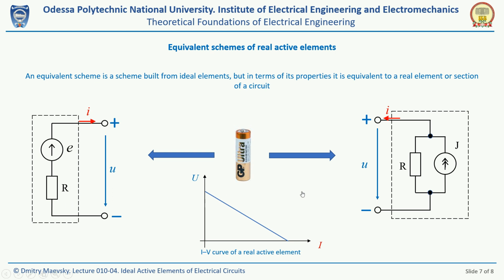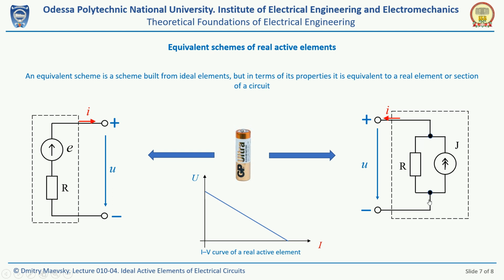The same effect can be achieved by using a current source instead of a voltage source. However, the internal resistance of a current source, as we already know, is infinitely large. Therefore, a resistor simulating the internal resistance of a real source must be connected in parallel to the current source, as shown in this scheme.